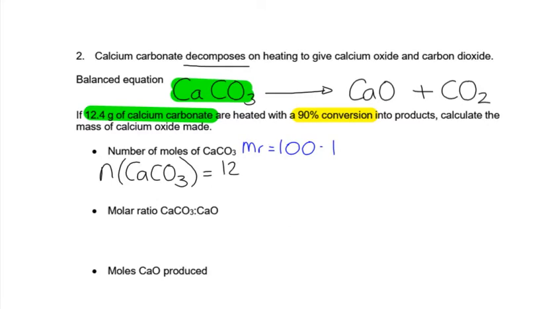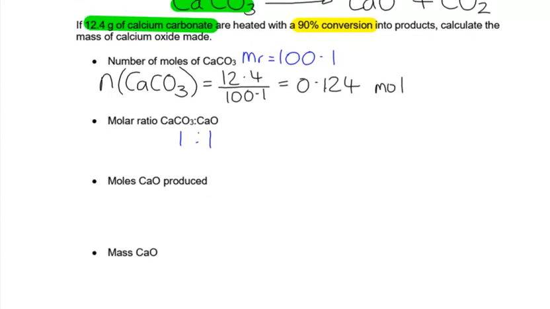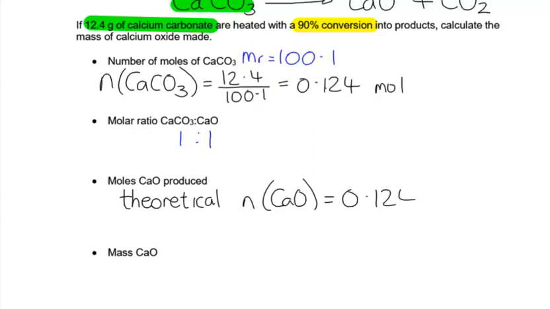So we've got 12.4 over 100.1, 0.124. So in theory, given that the molar ratio is 1 to 1, in theory, our theoretical moles of calcium oxide would be 0.124.